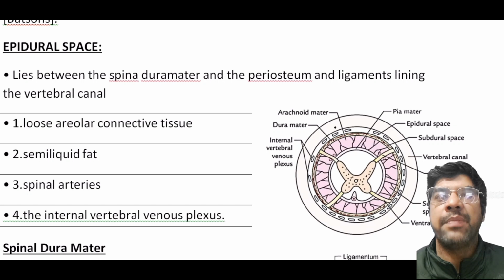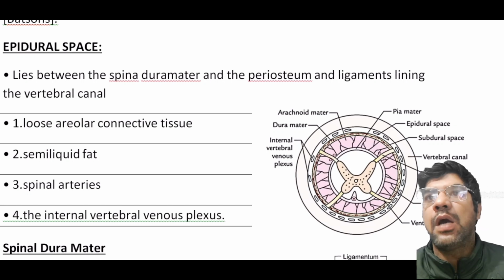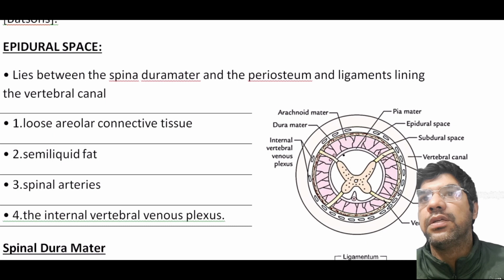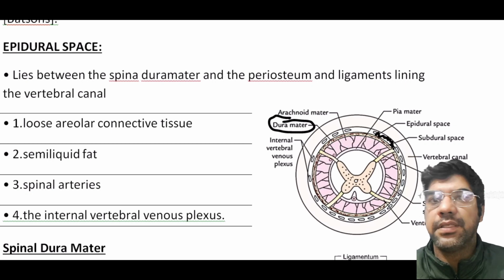Now this space, remember, lies outside the dura mater. So this one is the dura mater, and this epidural space lies here.